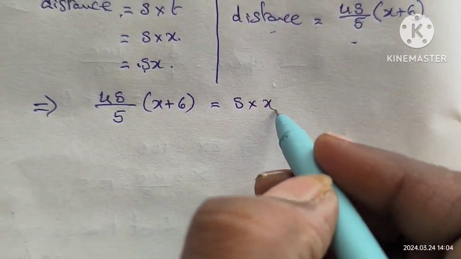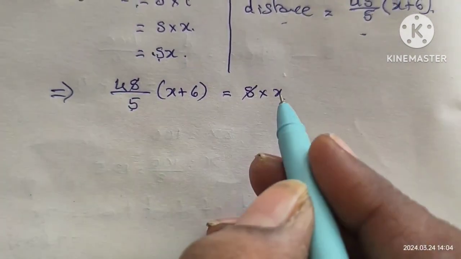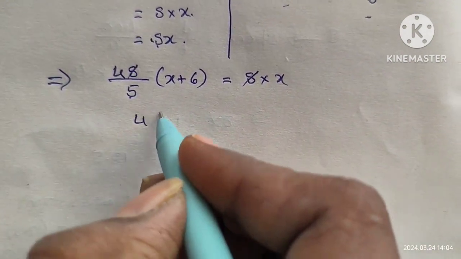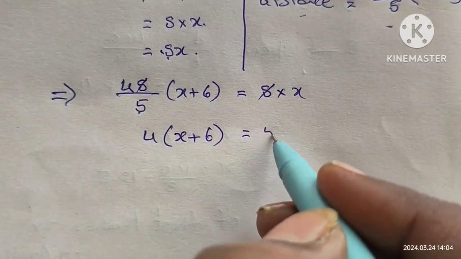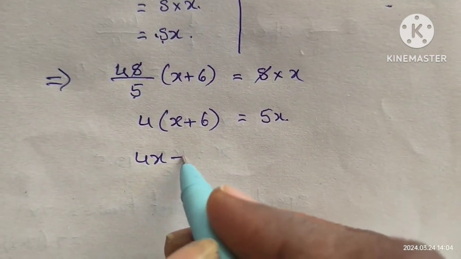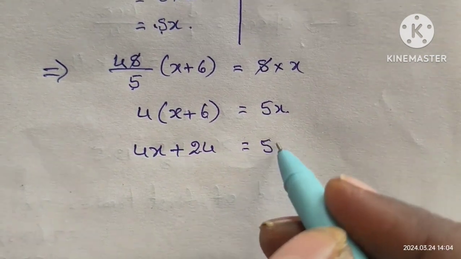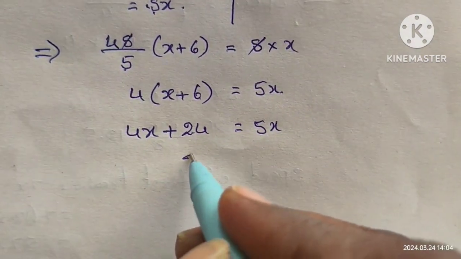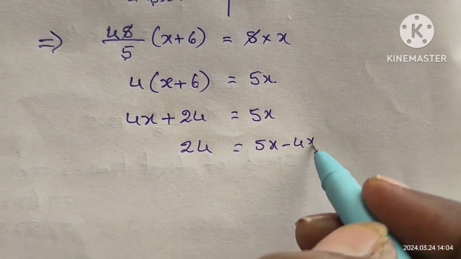Equating both, we get 4s by 5 of x plus 6 is equal to s into x. Both sides s's cancel. Now transpose the 5 to that side. Then 4 of x plus 6 is equal to 5x. Simplifying, 4x plus 4 sixes 24 is equal to 5x. Transpose the 4x to that side: 24 equals 5x minus 4x.